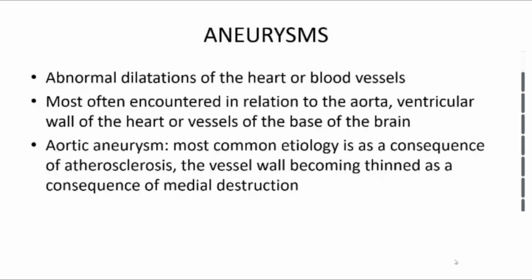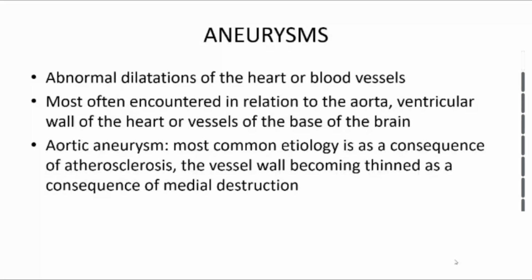Then we have types of aneurysm. So we have aortic aneurysm, which basically affects the aorta. The most common etiology, and when you talk about etiology, you're talking about a cause. In some books you will find etiology spelled with an A, then E, especially in British English, but in American English they mostly use the E and leave out the A. So the most common etiology for aortic aneurysm is atherosclerosis.